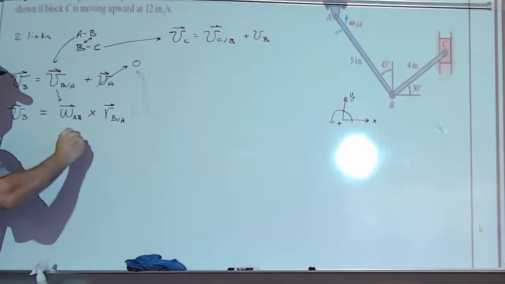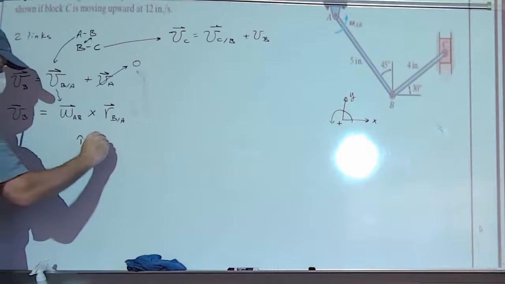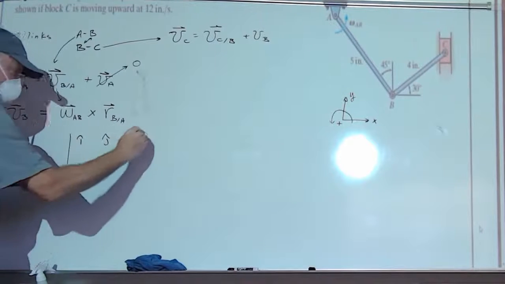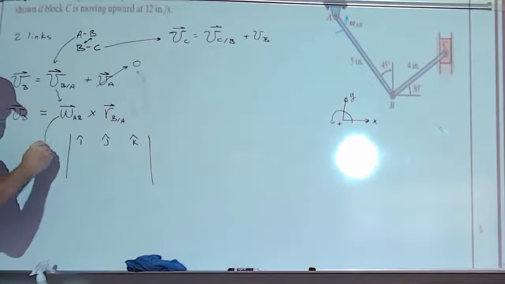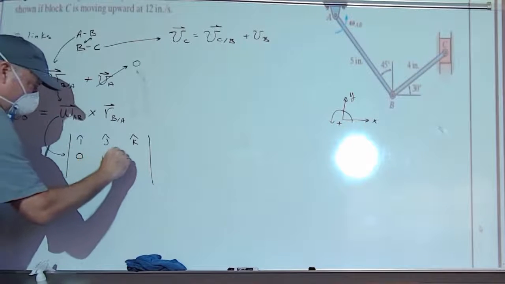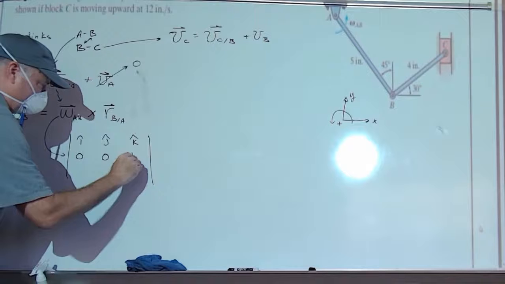So the way I do these, now the book does them a little bit different, but I like to set up the little matrix in which the first row is the omega. This is the scalar version.